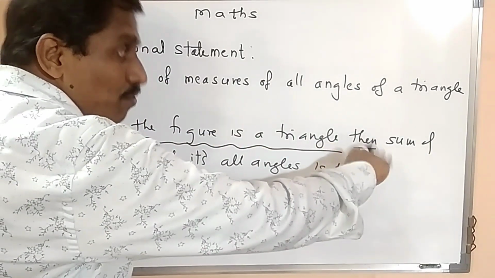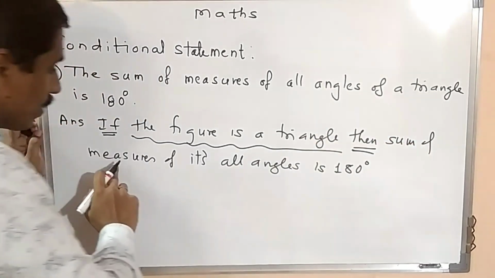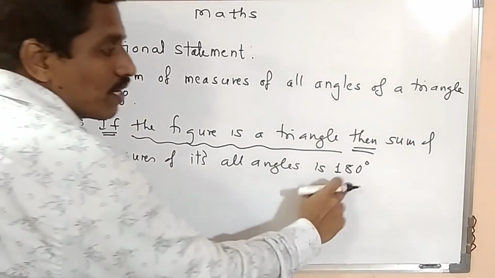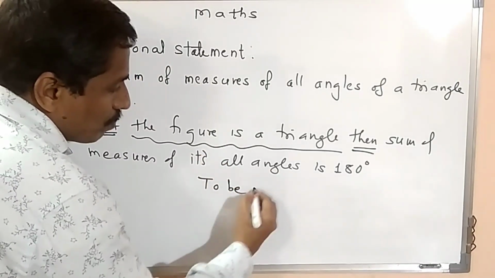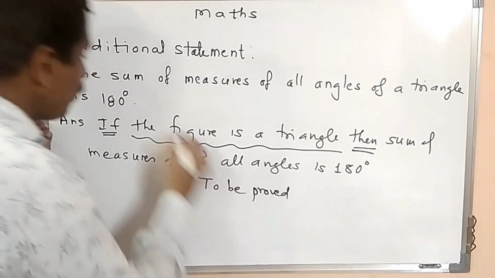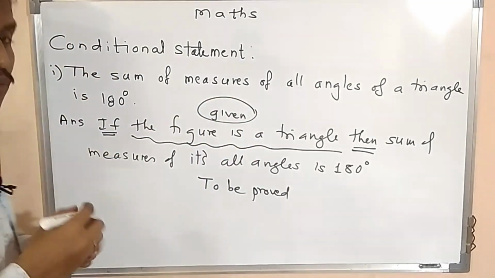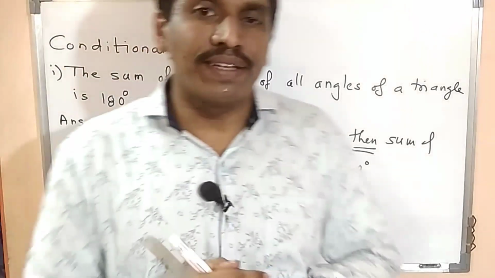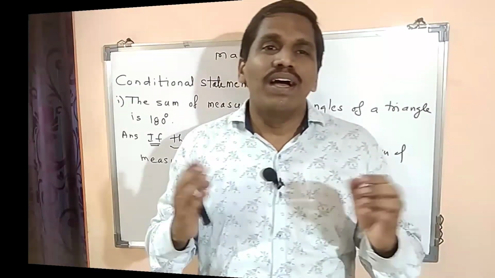Part of the statement following then, it means after then, sum of its measures is 180 degree, this is called to be proved part. So we should be able to identify given part and to be proved part.